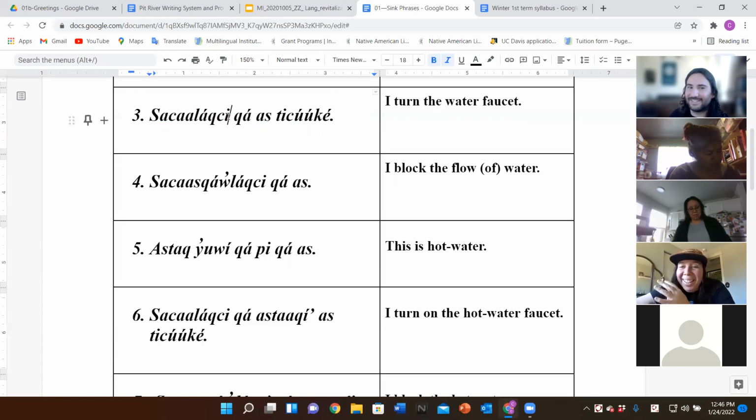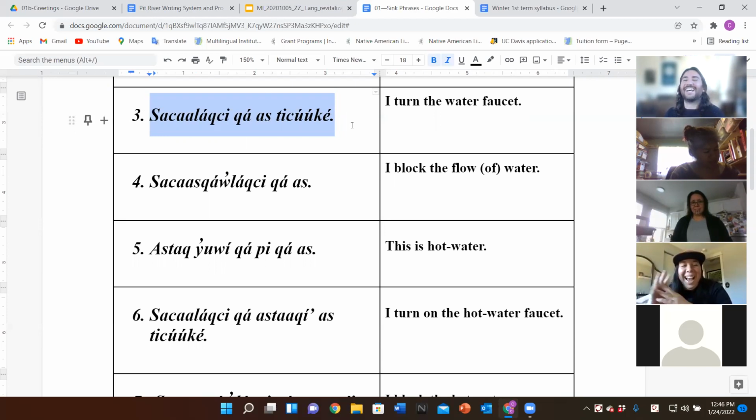Sajalaki. Sajalakji. Sajalakji Gas Tajuke. Mercy sajalakji ka as dejuke. Sajalakti Us Che Jaluk. Wait, I forgot the end part.